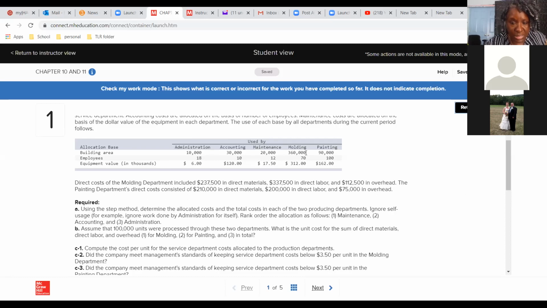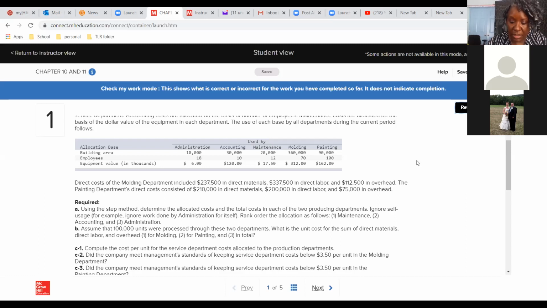And for administration, we're talking 360,000 versus 90,000. So I'm going to take those two square footages, 360 plus 90, add those together, and that gives me a total square footage to work with. So 360,000 plus 90,000 gives me 450,000.